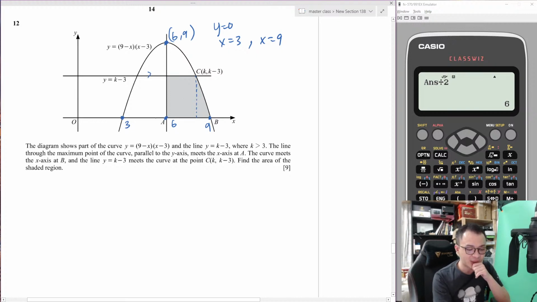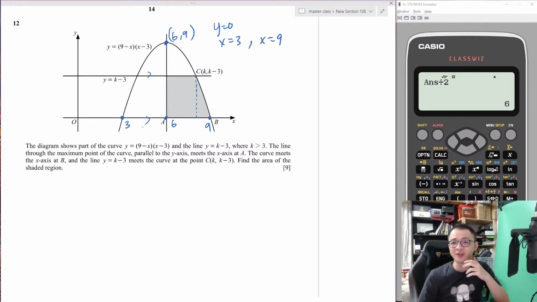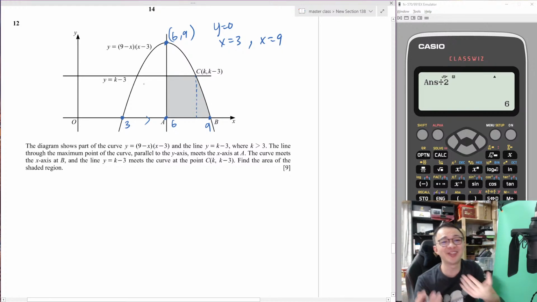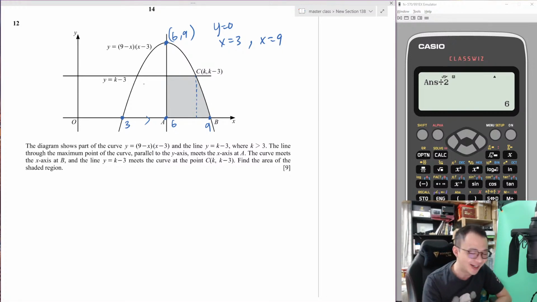This line is parallel to the x-axis. Oh, I need to find the value in terms of k. No, right? I need to solve for k. Okay, we can actually solve it easily, we just substitute into it. I just overthought it.